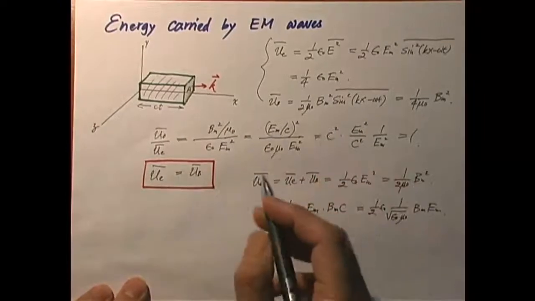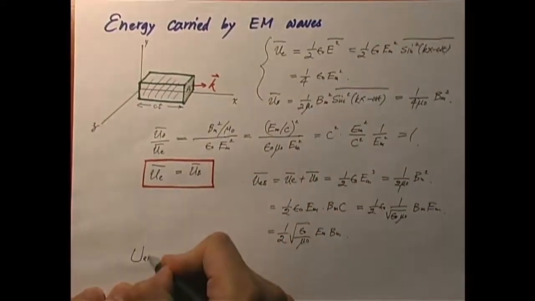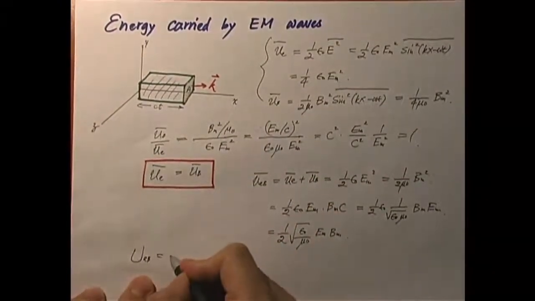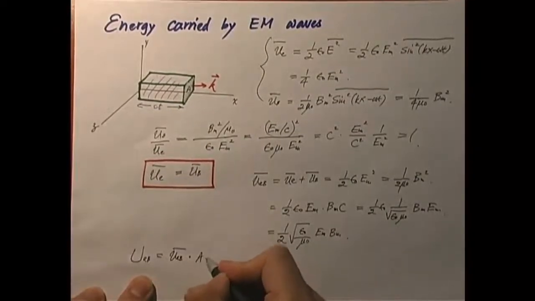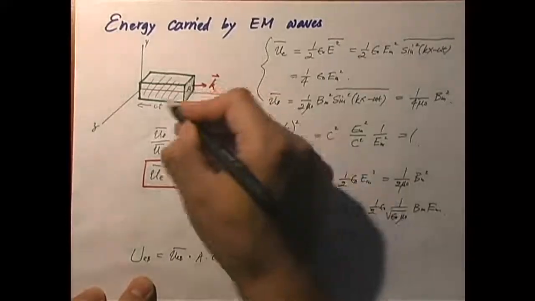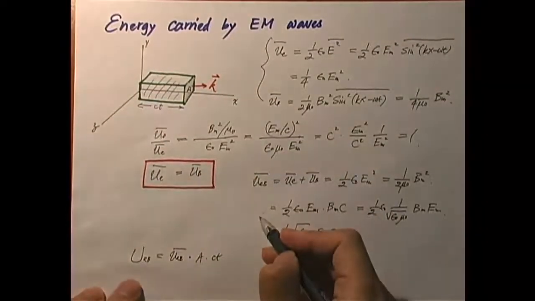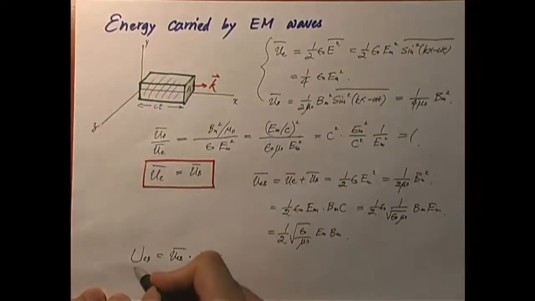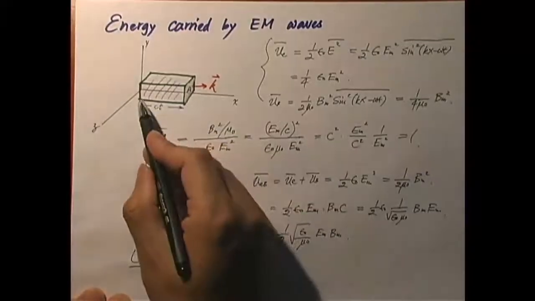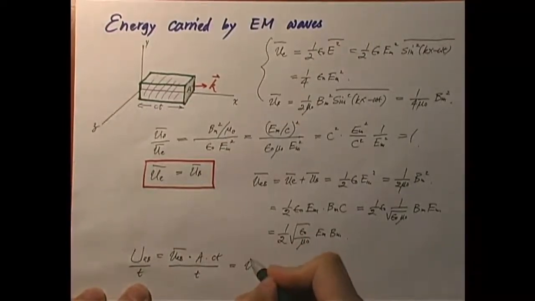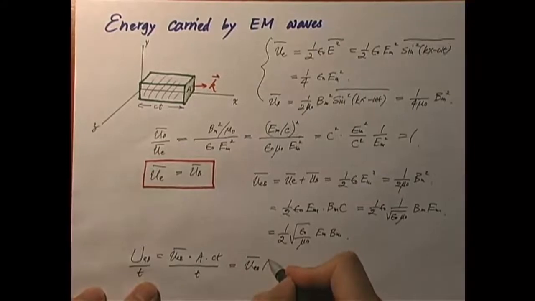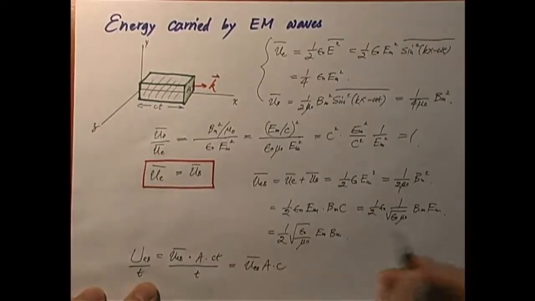That would be the total energy, which is the energy density U_EB times the volume A times CT, right? Cross-sectional area A, length CT. And I'm going to divide this by the time it takes for all this energy to pass through, which is T. Okay? So you divide that off, and you get U_EB average times A times C.